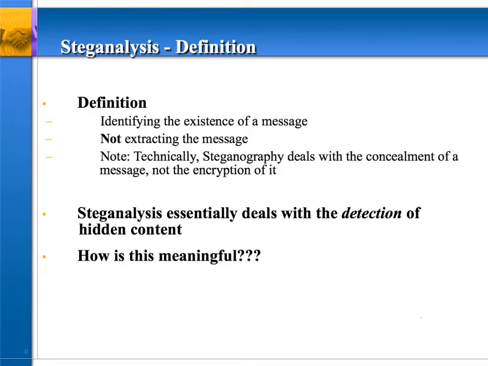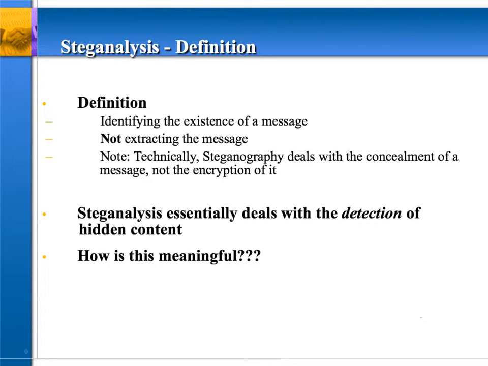So how do you identify them? Glad you asked. If steganography is applied to a file to hide a file, how do you identify it? Identifying the existence of an image is not extracting it. I want to clarify that first. Just because you identify something weird about a file or something off doesn't mean you can do anything with it. You just know something's happened to it. Technically, steganography deals with concealment of a message, not the encryption of it.